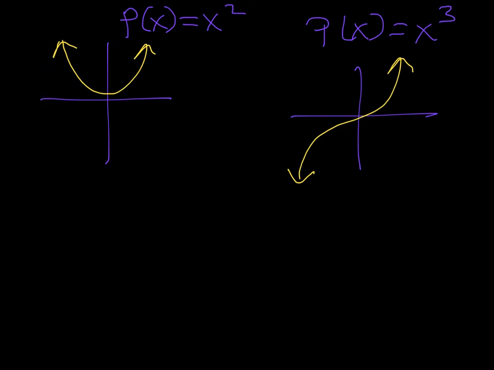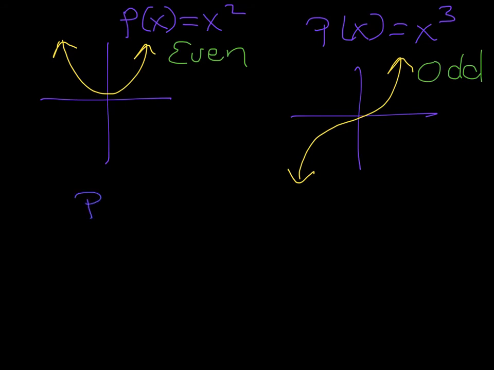Okay? So the nice thing about this is if you look at this function, this is an even-powered function, right? This has a power of 2, which is an even number. And this one over here is an odd function. So the end behaviors are going to be the same for all even powers.